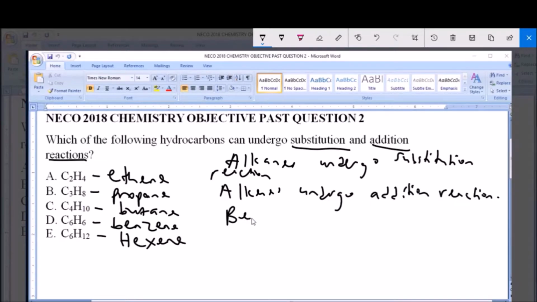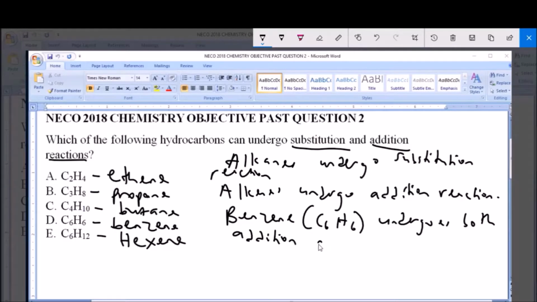Meanwhile, benzene, that is C6H6, undergoes both addition and substitution reactions.